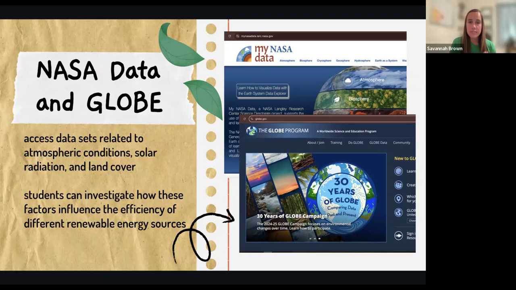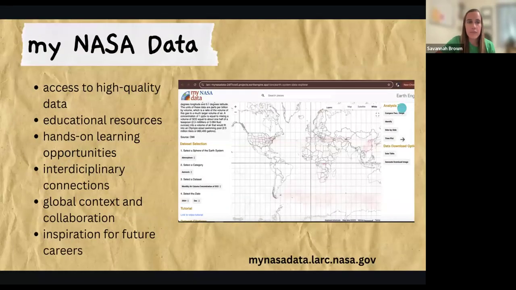So there are 2 sites that I'm going to talk about: My NASA Data and the GLOBE program. Both are put forth by NASA. And this allows students to investigate real data from NASA and how they can apply that to the problem that they are given in class, or just in general, how it relates to where they are in the world.